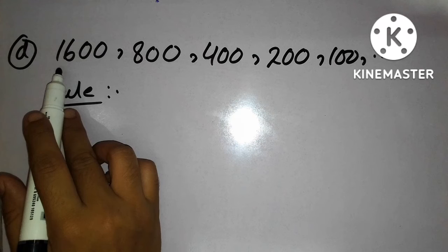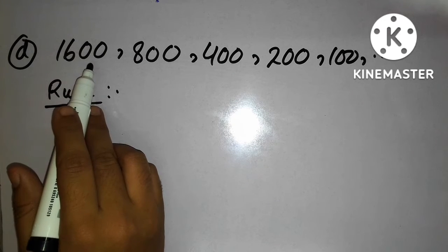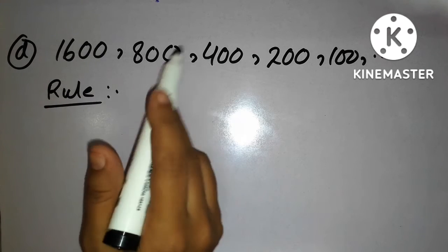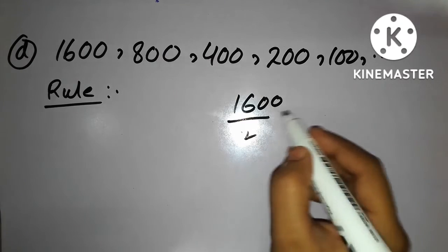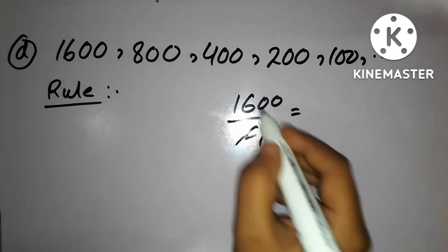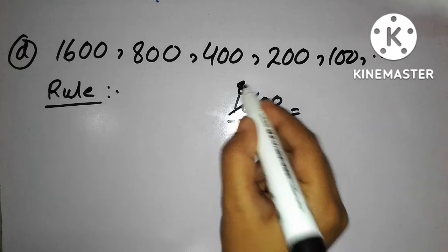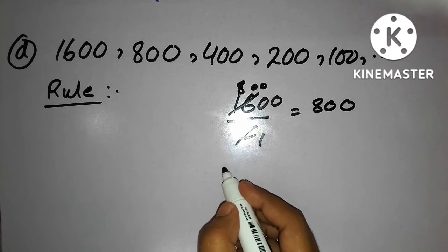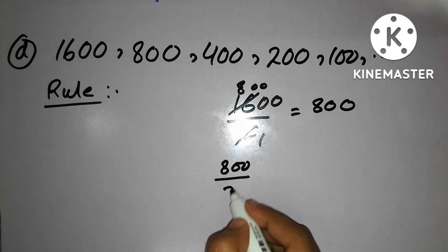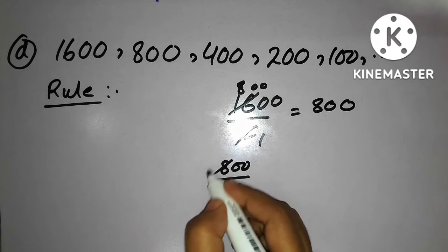We can divide 1600 by some number to make it 800. So we can say 1600 can be divided by 2. 2 ones are 2 and 2 eights are 16. It will be 800. Then 800 will be divided by 2. 2 ones are 2, 2 fours are 8.